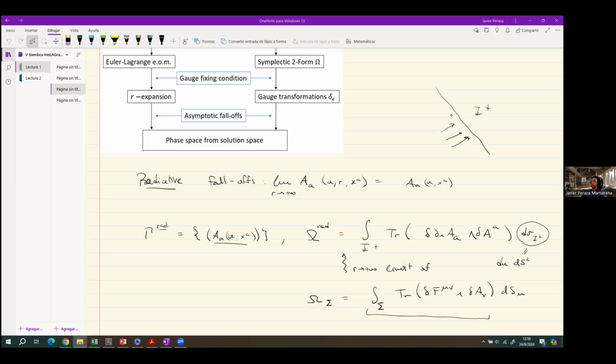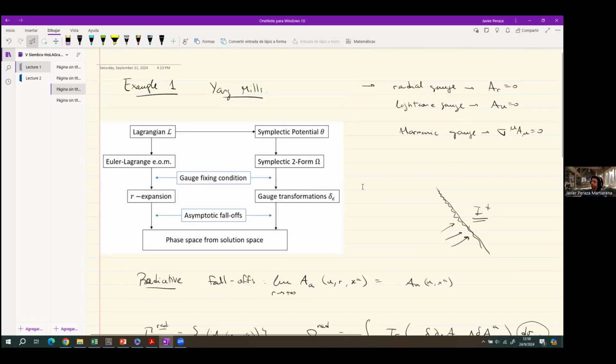That means that the Poynting vector in electromagnetism will be non-zero at scri plus. If we have a non-vanishing Poynting vector, we can translate that condition into a component of the electromagnetic tensor. And that is the starting point for the fall-off condition.